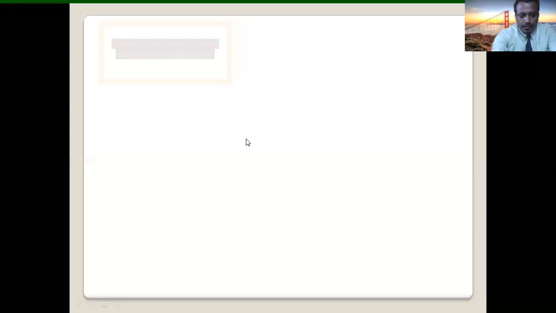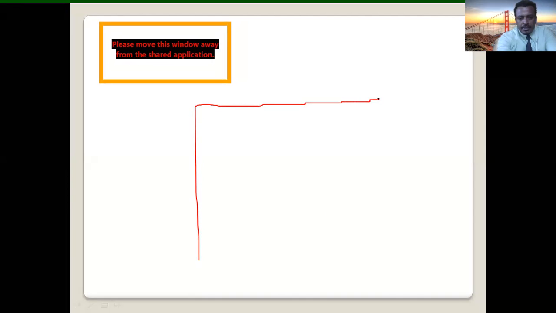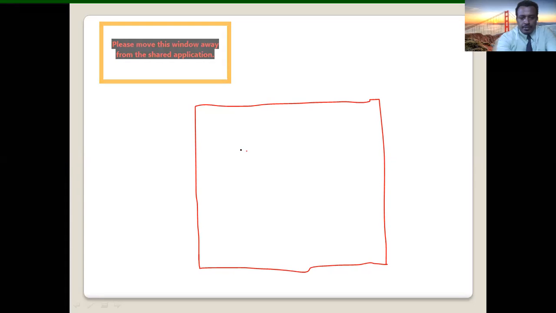So assume this is a 555 timer internally. I want to show you what is internal and external. So let's say this is our 555 timer. Internally we have what? 2 comparators.